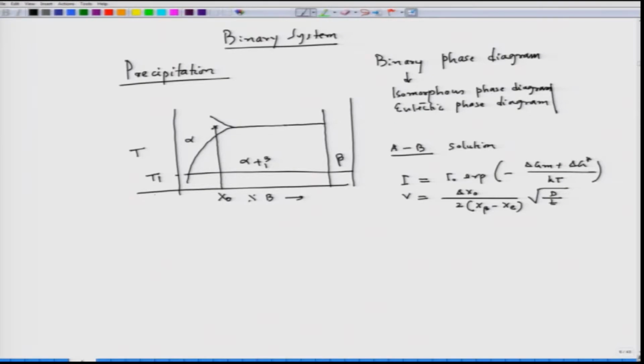Let us say this is my T1; what are the variations of I and V, the growth velocity? And this is the point which is xc, and this is the point x beta.